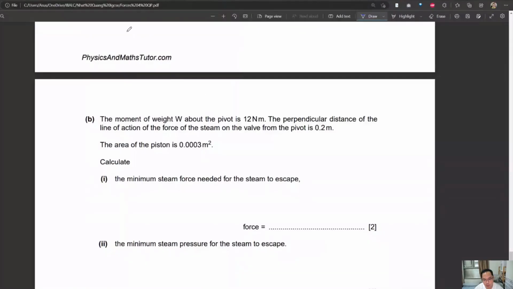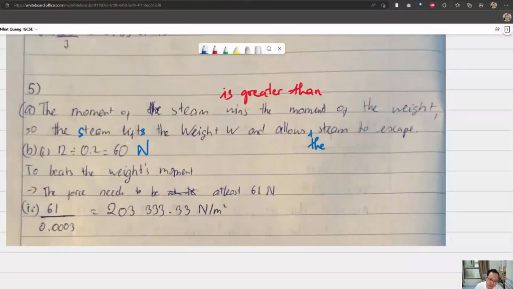The moment. Wait. Sorry. This is not the weight. This is the force. It's the force needed to beat, okay, beat. It's the force needed for the steam to push it up.